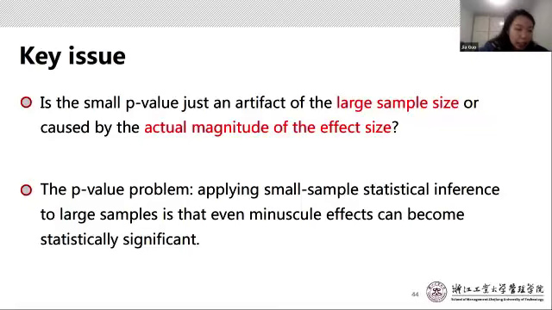In other words, the problem with big samples is that the statistical tests are more sensitive, like a machine's sensitivity. Very small deviations can also be detected. But in fact, such small deviations may be considered negligible or even no deviation. In practice, a very small deviation is meaningless. So that's a problem.